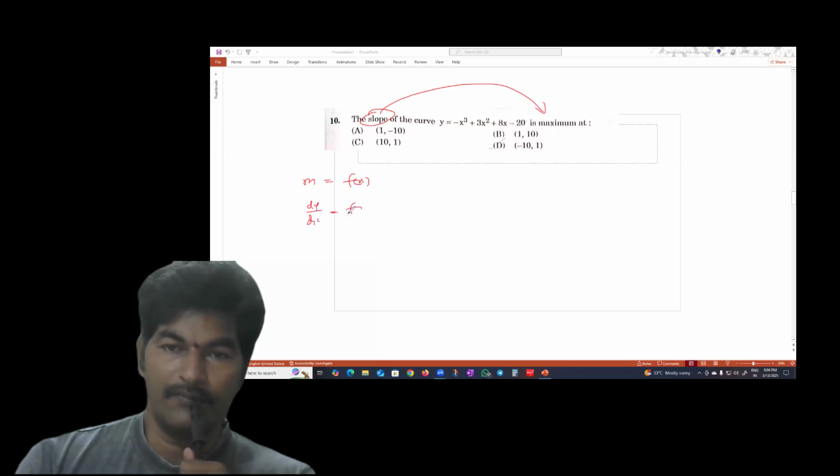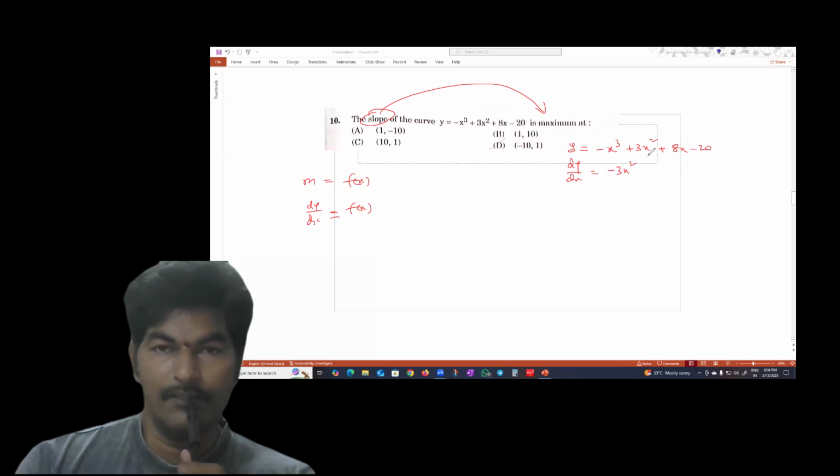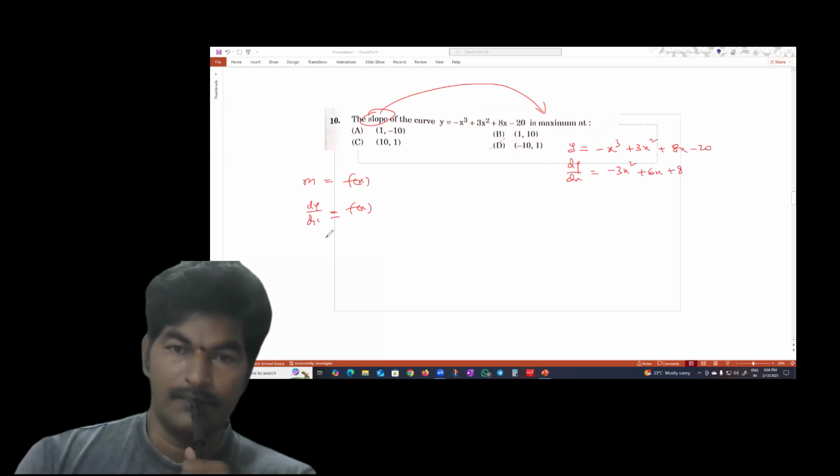Let's take y equal to minus x cube plus 3x square plus 8x minus 20. Differentiating, dy by dx is minus 3x square plus 6x plus 8. So this is f of x now.